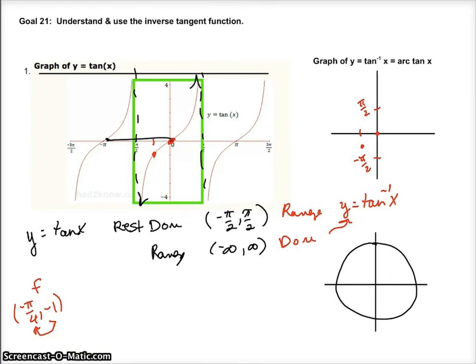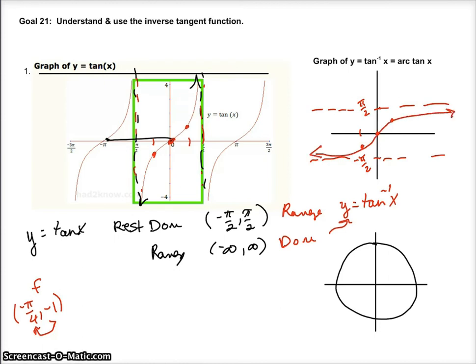And we also know that we have an ordered pair of pi over 4, 1. So we could go over 1, up pi over 4. I know that I have vertical asymptotes at -pi over 2 and positive pi over 2. So for the inverse, those would become horizontal asymptotes. And now we can sketch our function for the inverse.